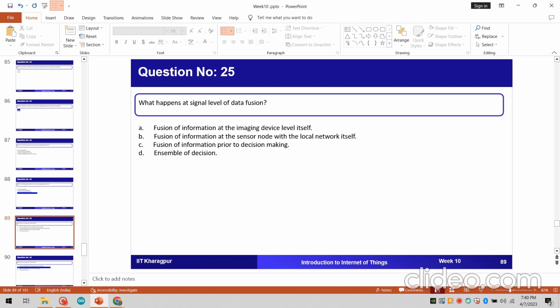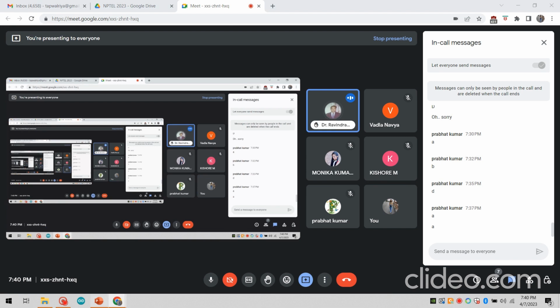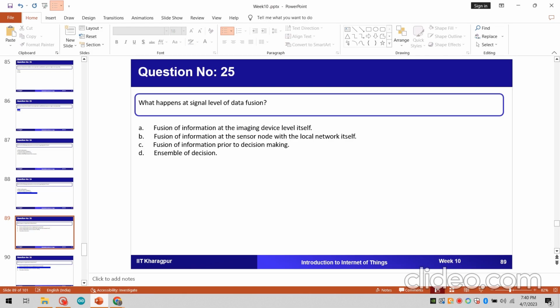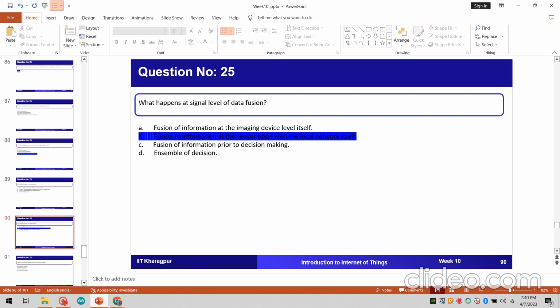What is signal level of data fusion? B. Fusion of information at sensor node within the local network itself. Yeah, so this statement is correct. So B is the correct option for question number 25.